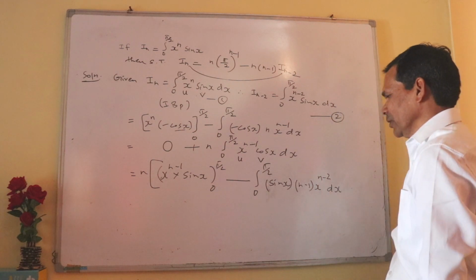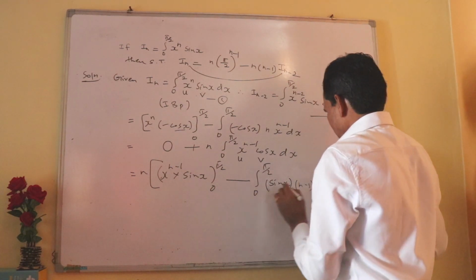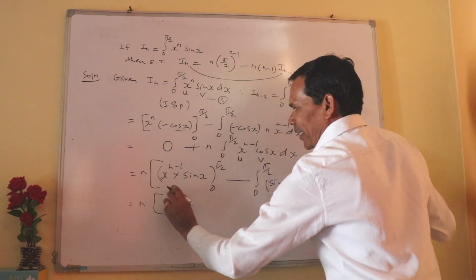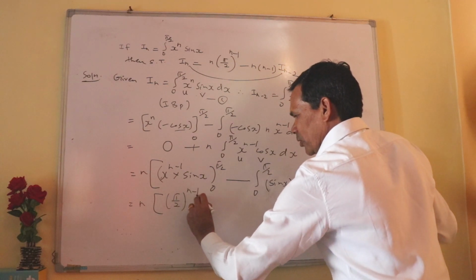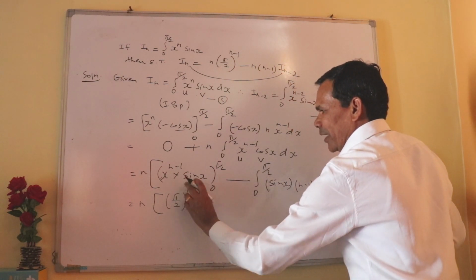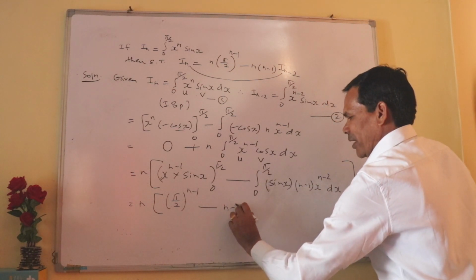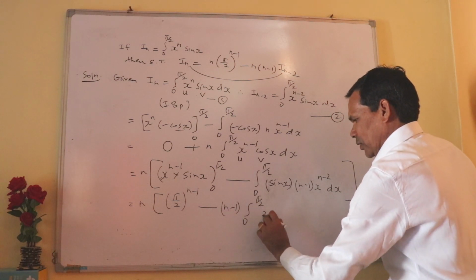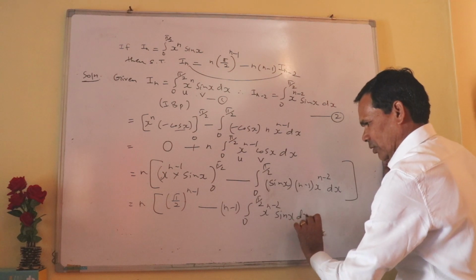So what happens here, this is equal to n. If you apply the upper limit, it is pi by 2 bracket raised to n minus 1, and sine pi by 2 is 1, and the lower limit value would be 0, minus n minus 1 times the integral 0 to pi by 2 of x raised to n minus 2 into sin x dx.